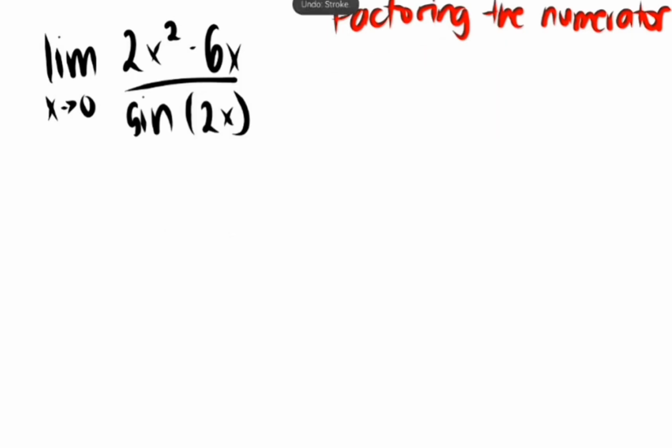We separate it like that because we want to use this important limit identity, which is the limit as x approaches 0 of sine x over x equals 1.